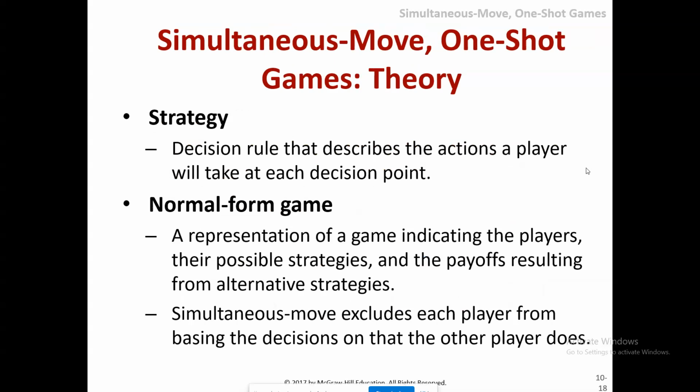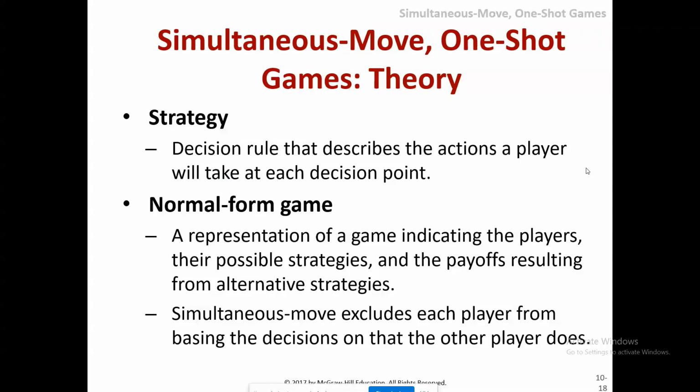There are several terms constantly used in game theory. The first one is strategy. Again, it is a decision rule that describes the actions a player will take at each decision point. Second, the whole description of the game in a matrix format is called normal form game.